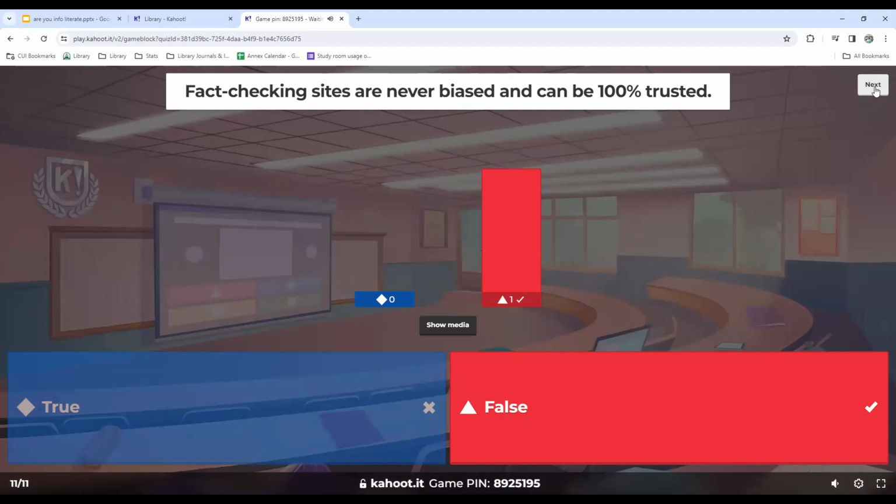Algorithms can be biased, as well as even if it's checked by people. People can also be biased, even if it's an unconscious bias. So we're going to want to be aware of that when we're looking at what other people have said about a source, and do our own research to decide, do we agree with them? Do we not agree with them? And why? Being aware of our own biases as well.